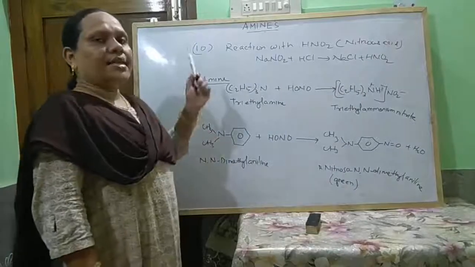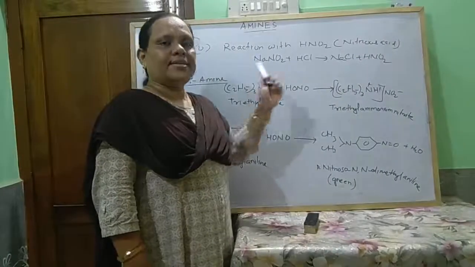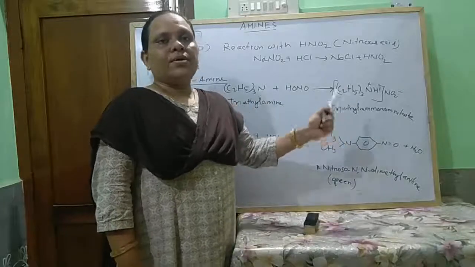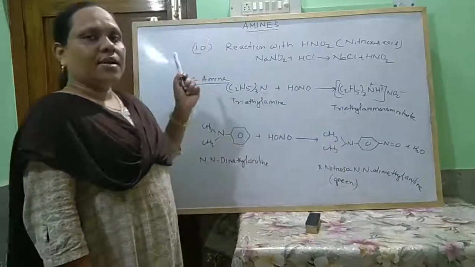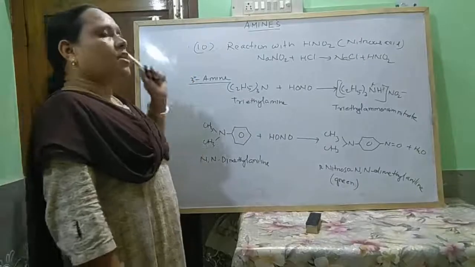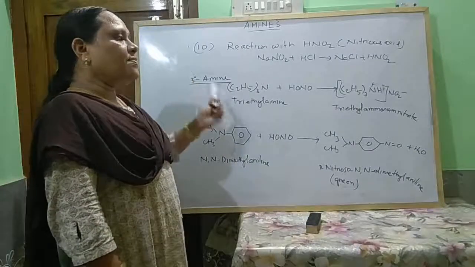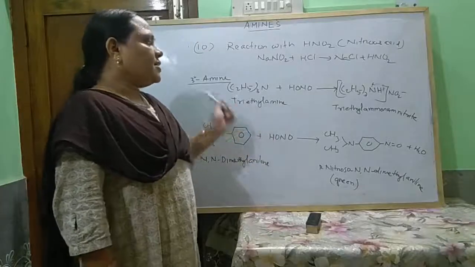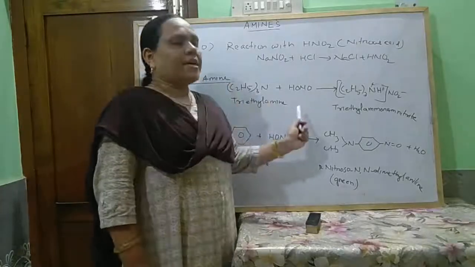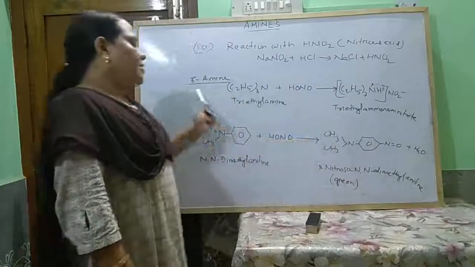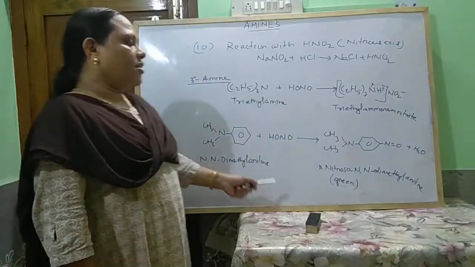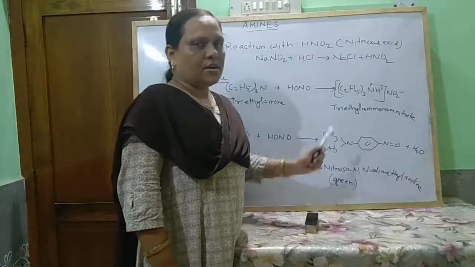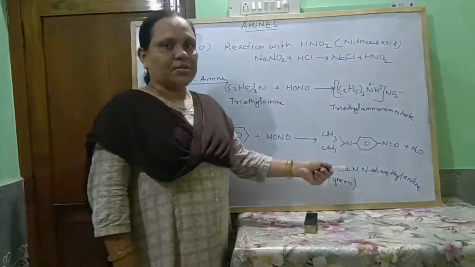Secondary amines, both aliphatic and aromatic, react in the same way with nitrous acid. They form a yellow liquid, which also undergoes the Liebermann nitroso reaction. Tertiary amines, aliphatic and aromatic, react differently with nitrous acid. The tertiary aliphatic amine forms a salt, and the tertiary aromatic amine forms para-nitroso amine, which is green in color. It undergoes an electrophilic substitution reaction.